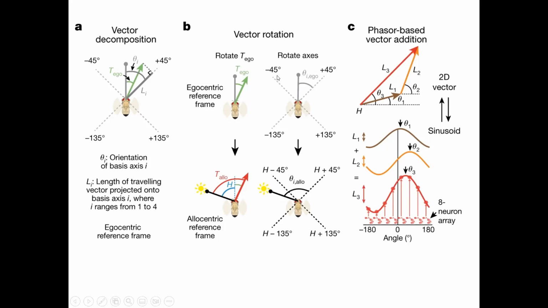So it's a new result from 2022. It appeared in Nature. And what we can see from that is how the brain of the fly represents this traveling direction. It chooses a reference that doesn't move.